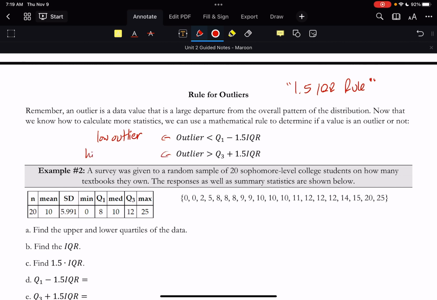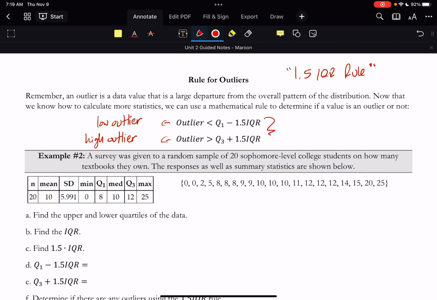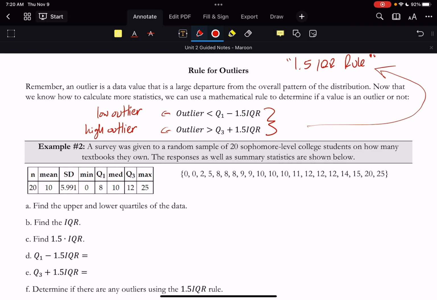And a high outlier is going to be a value greater than my upper quartile plus 1.5 times my IQR. This is the 1.5 IQR rule. Those are the inequalities that we follow to figure out whether I truly have a mathematical outlier or not.